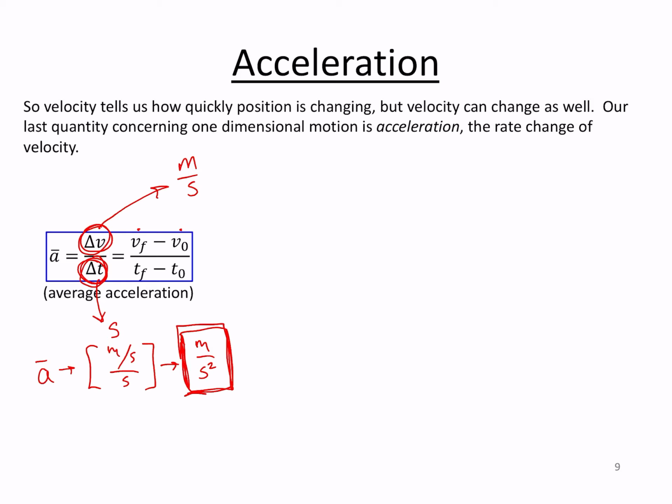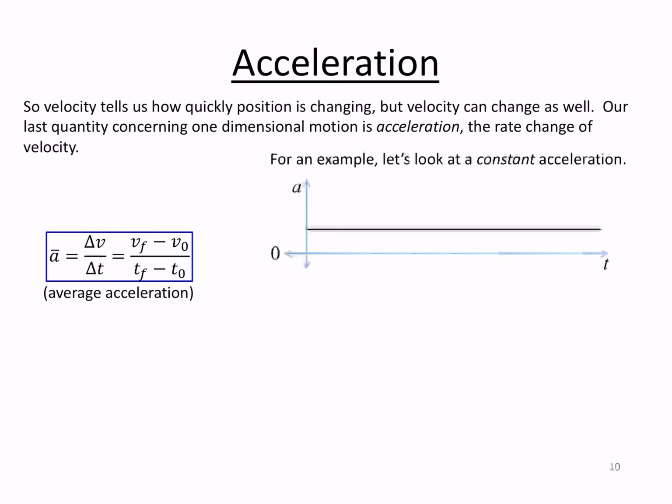Now, it's the rate change of velocity. Let's look at an example of what that means for a simpler case, the non-general case. And a simpler case would be to look at a constant acceleration.